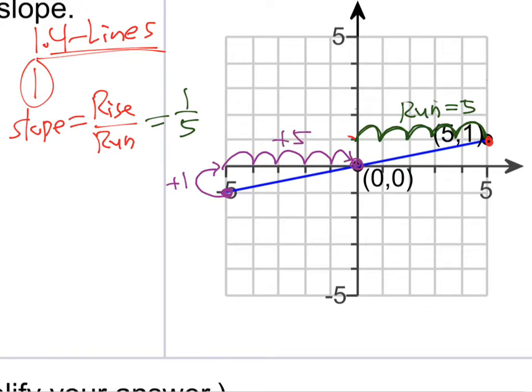Positive 1 over 5. So it really doesn't matter which 2 points you pick on the line. The line is always doing that. That's its steepness, that's its slope. It's always going up 1 and over 5, up 1 over 5, forever. That's the slope of the line. So you can pick any 2 points you want. The slope is 1/5. Okay, what else do they want from us?